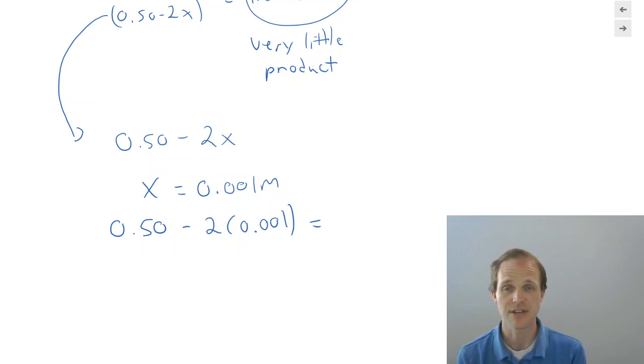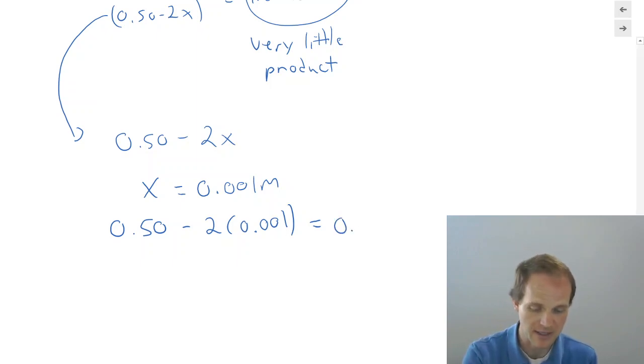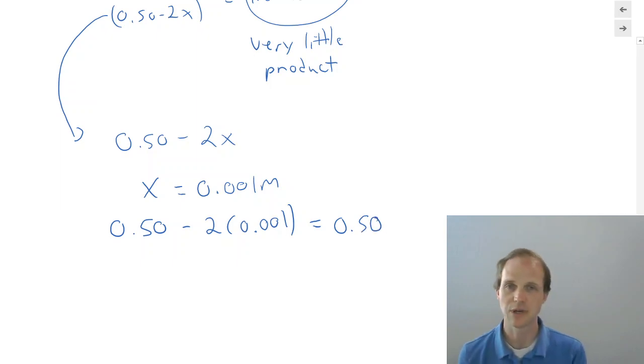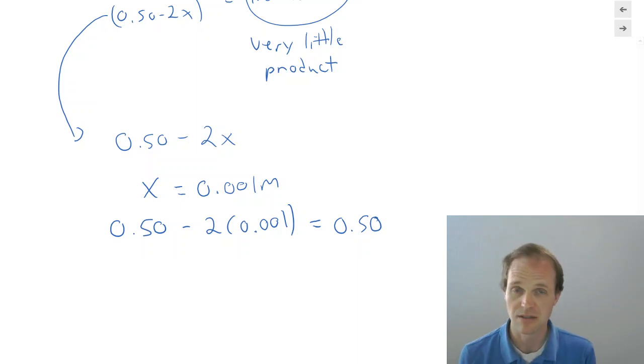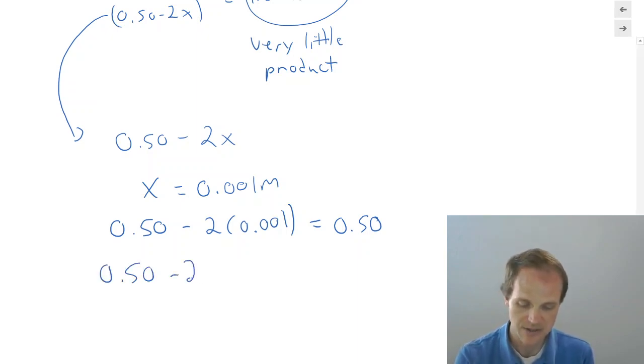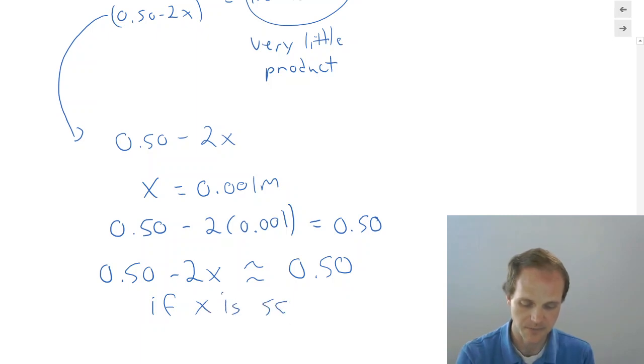We've got 3 digits after the decimal in that second number, so we're really only going to have 2 digits after the decimal, and so you get 0.50 back. And so if x is sufficiently small, then 0.50 minus 2x is approximately 0.50 if x is sufficiently small.